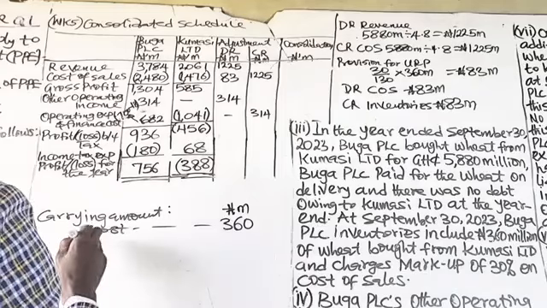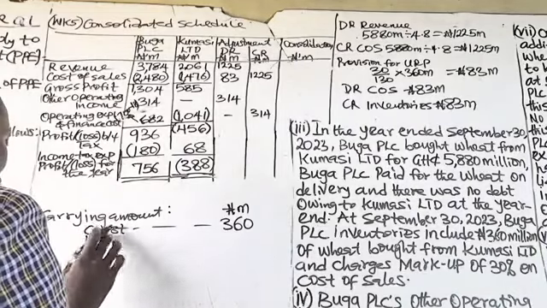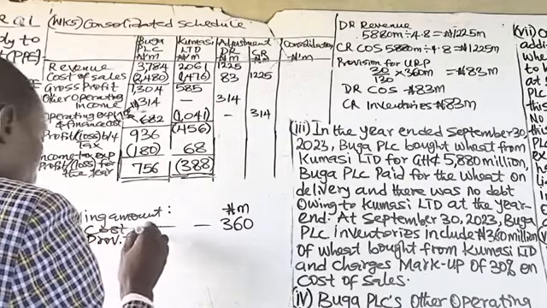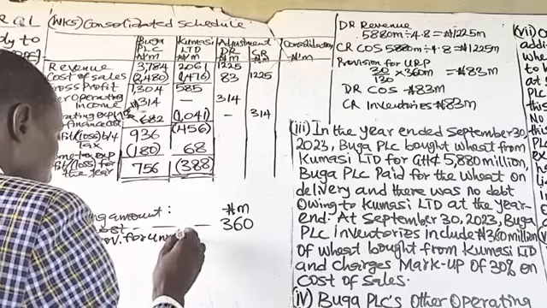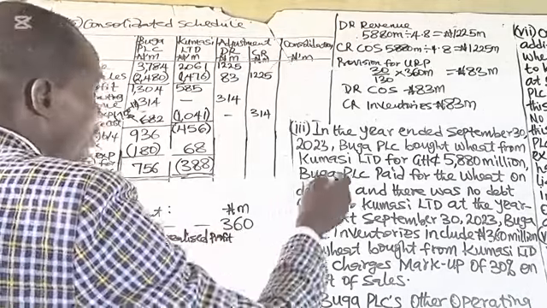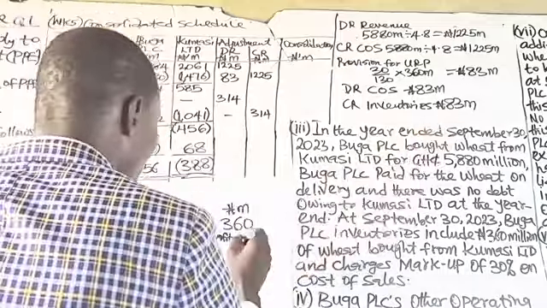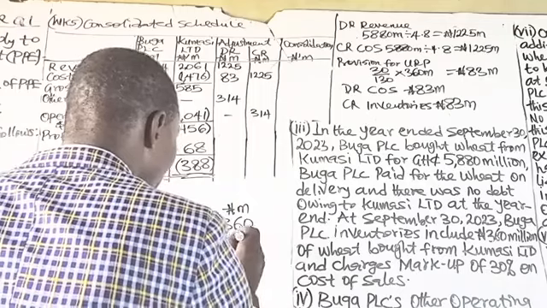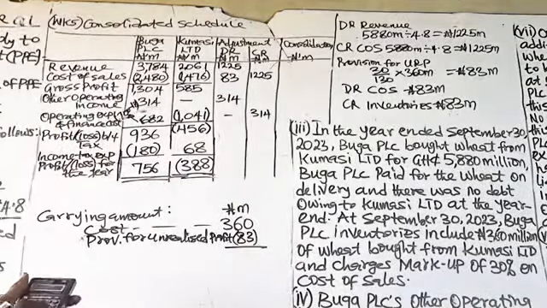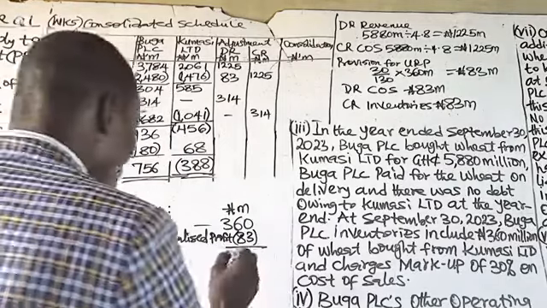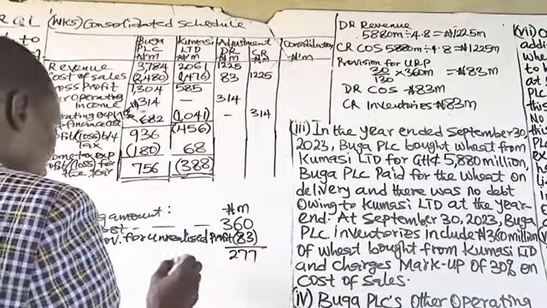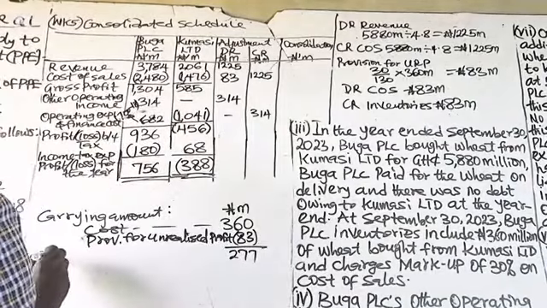Then you less provision for unrealized profit, and that amounted to 83 million. If you subtract 83 million from 360 million, you'll be left with 277 million. That is the carrying amount of the inventory.